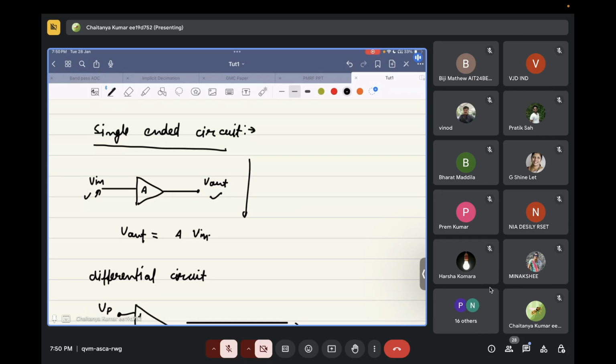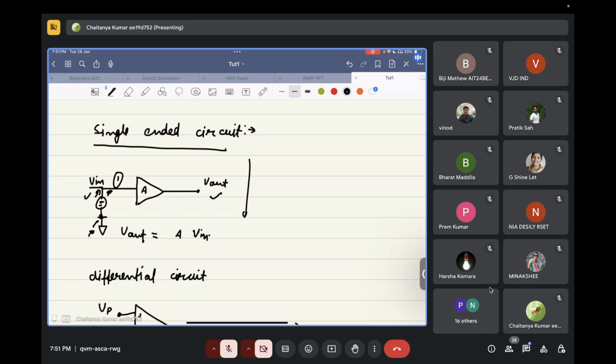So this V in that we are saying, this particular node is at voltage V in with respect to some ground. You will have some input voltage at this node with respect to ground on one side. So node 1 is at a voltage V in with respect to this ground.